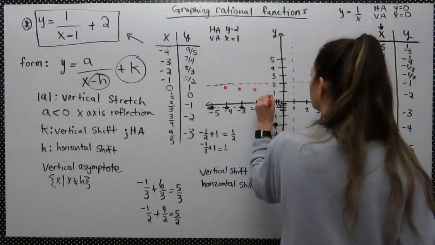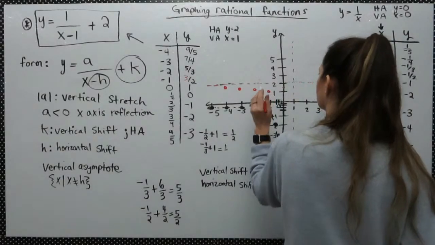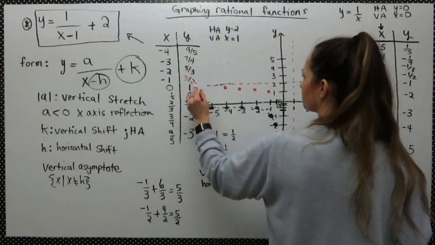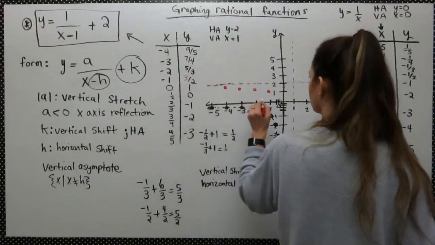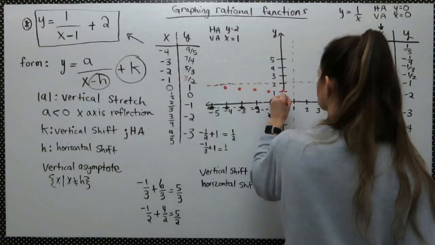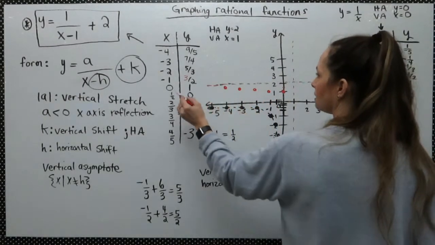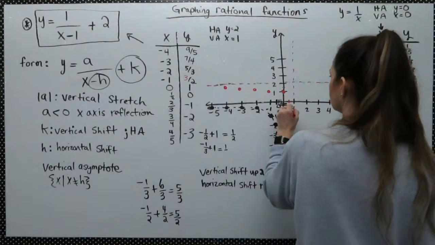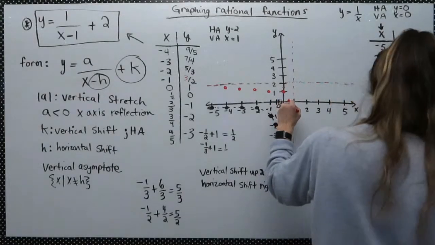And that -1, we're right at 1/2. Positive 1/2. And then 0, we're at 1 right here. There's that intersection. And then 1/2 right here, we're at 0. So we're on the x-axis and y-axis here.